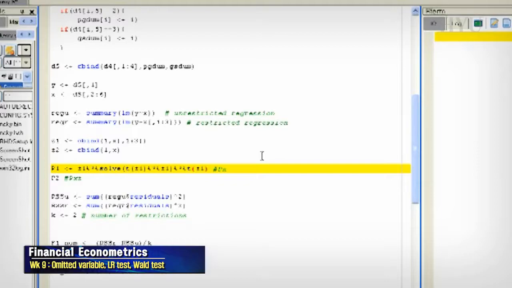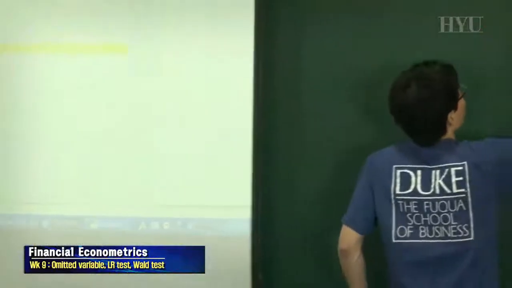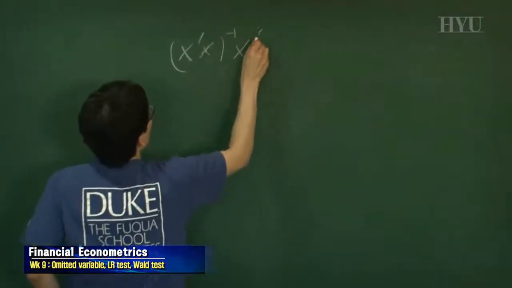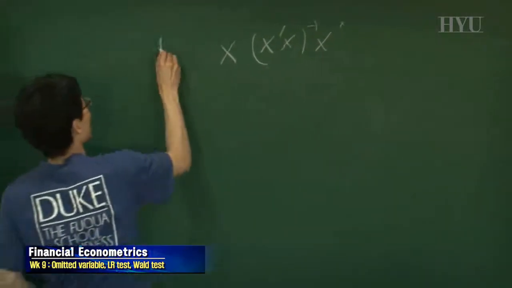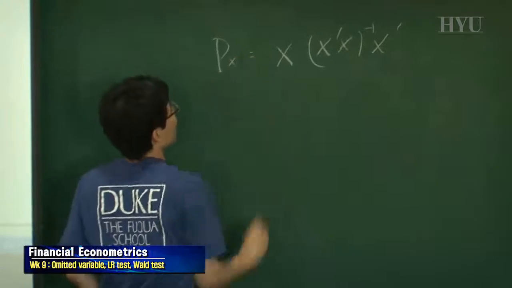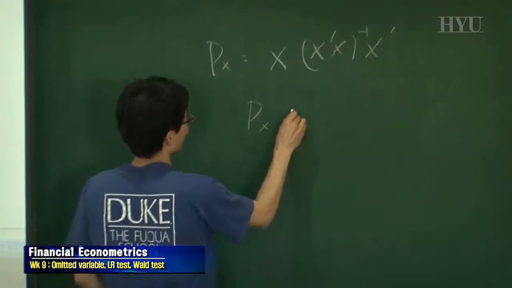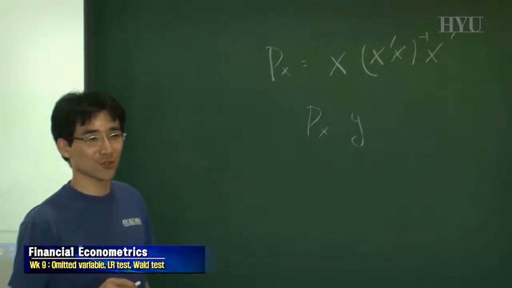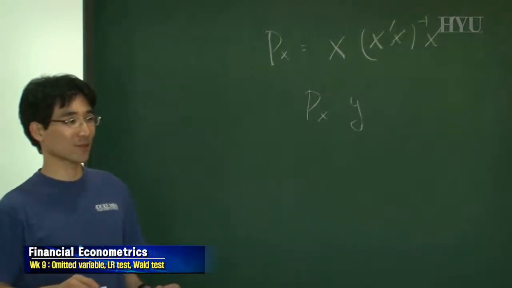As you remember, the projection matrix is X (X'X)^-1 X'. This is the projection matrix PX. If we multiply any vector by it, we get the projection image of y on the plane spanned by X.